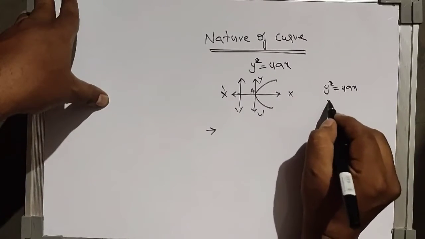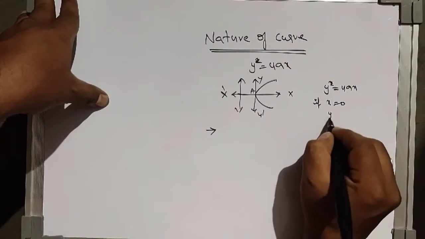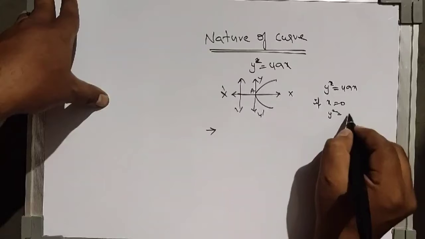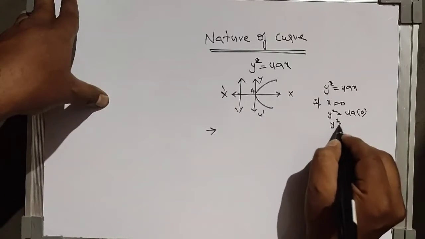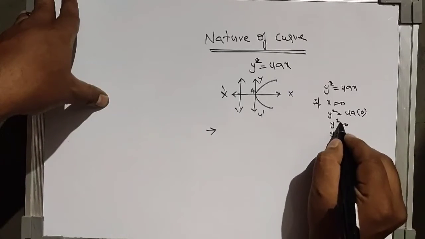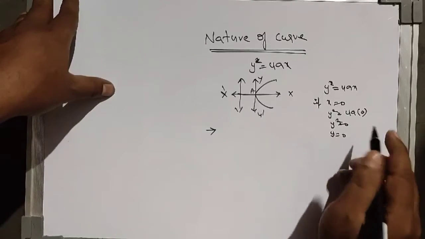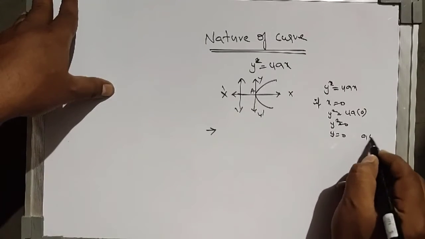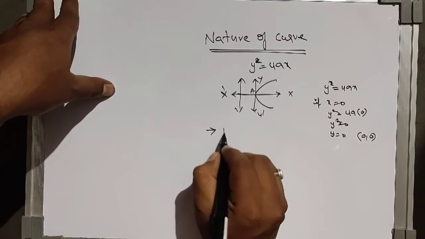If x is equal to 0, what do we have here? y square is equal to 4a into 0, then y square becomes 0, so y is equal to 0. Now you get the value of y as 0, so 0 comma 0 is a point on the parabola, which means it is passing through the origin.